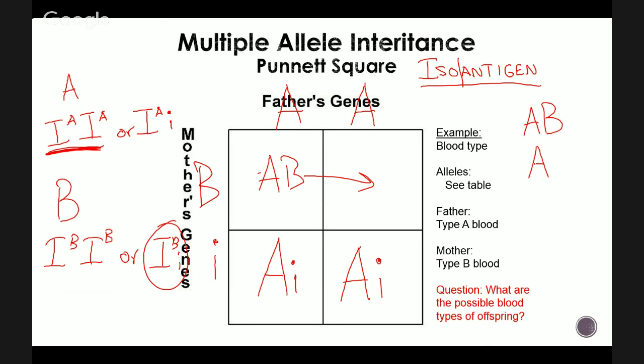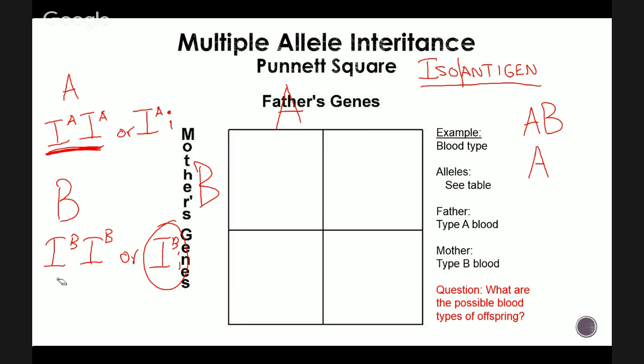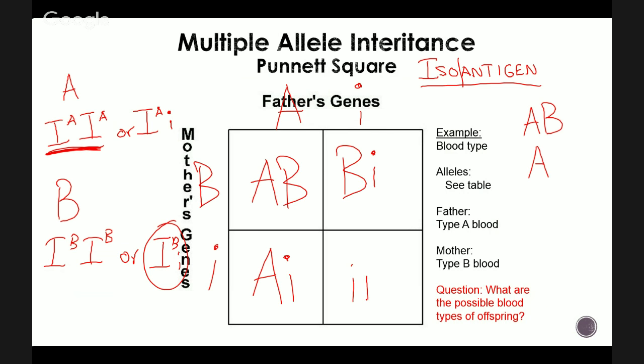Mhm. So what I did now is I put the lowercase i for each of the parents. Now, what are the types?